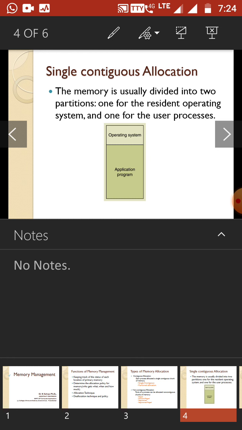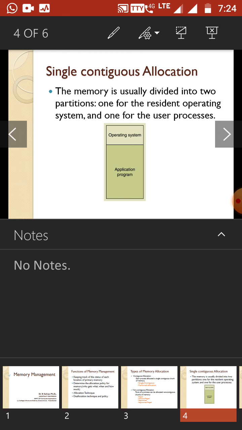The memory is usually divided into two partitions, one for the resident operating system and another one for the user processes. The entire primary memory, that is, the random access memory space, is divided into two portions. These two portions are differentiated with two different colors. The top one is low memory and the next one is high memory.